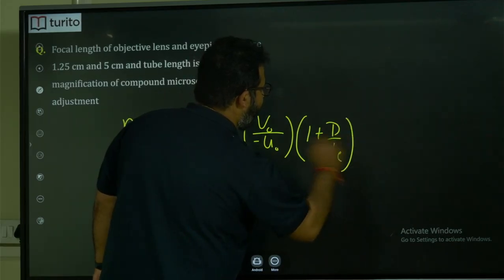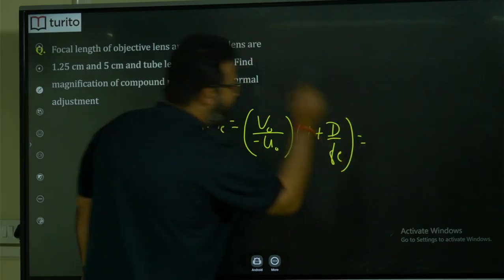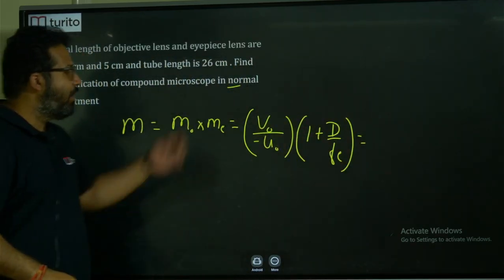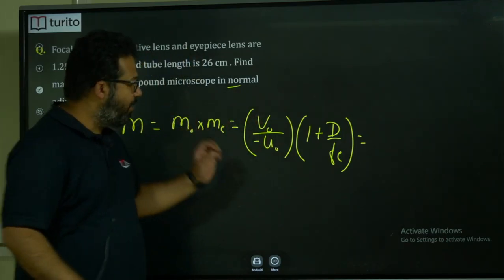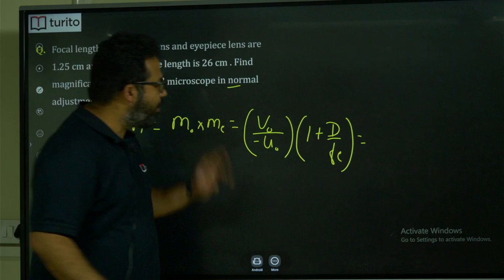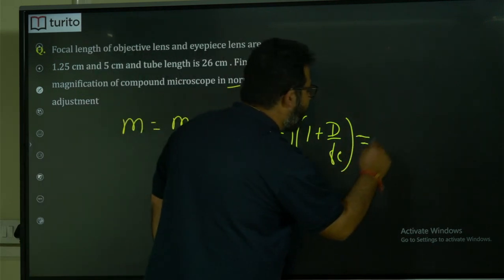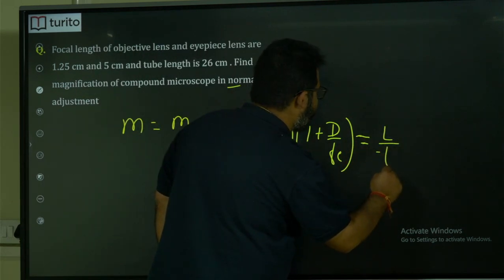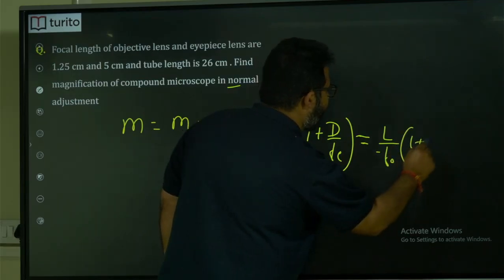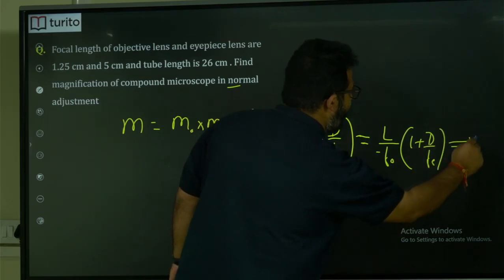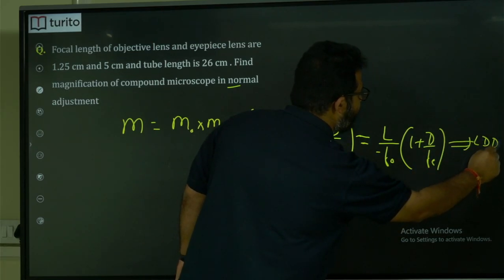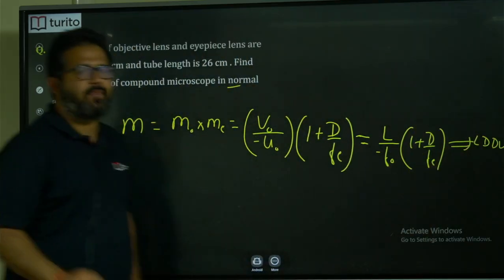LDDV means 25 centimeter. Now VO is very close to the length of the tube, and the object is kept very near the focus, so it approximately becomes length of tube by minus FO into 1 plus D by FE. This is valid when the final image is at the least distance of distinct vision, that is 25 centimeter.